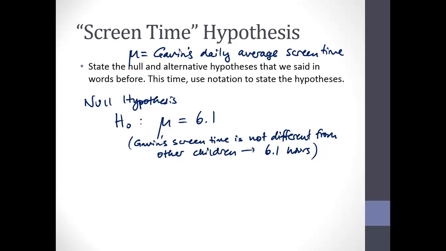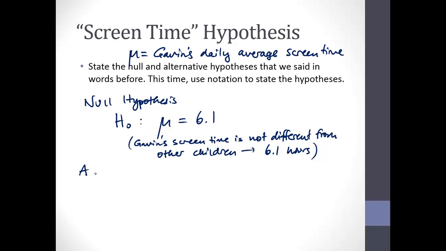And that's just the information we had from the study. A recent study, we said, found that children under 12 have an average daily screen time of 6 hours. I hope that's not daily, but it probably is. That's a lot of hours. Anyways, that's my null hypothesis, which says that there is no difference. So again, I'm saying Gavin's average screen time is the same as other children.